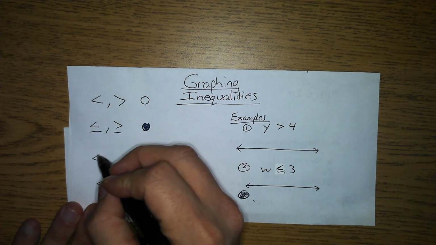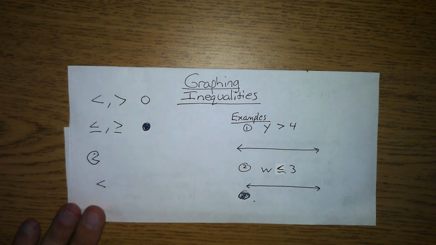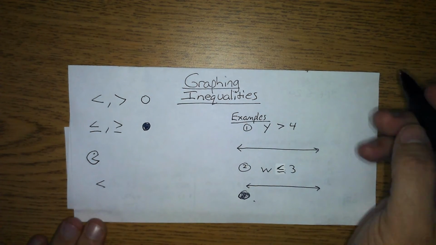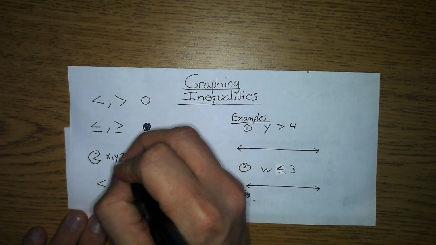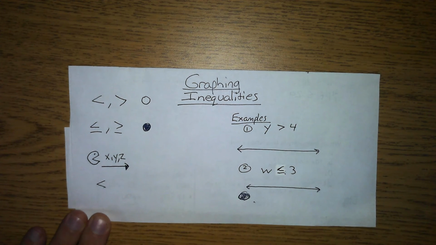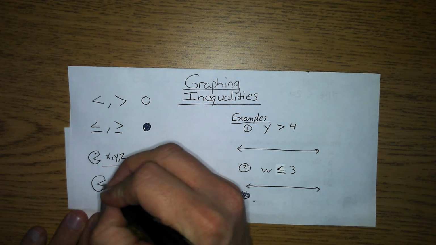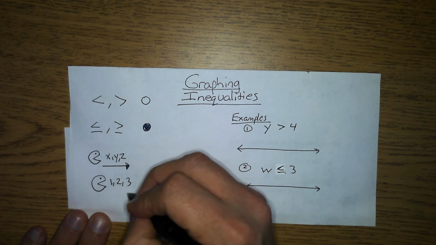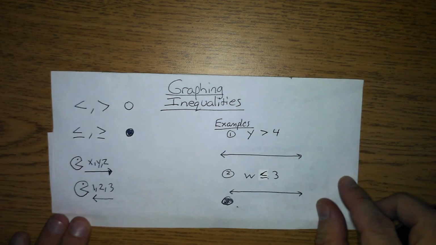If you make the inequality a Pac-Man symbol, some of you might know the Pac-Man game, if the Pac-Man's mouth is going for the variable, the arrow will always go to the right. If the Pac-Man's mouth is going for the constant or the number, the arrow's always going to go to the left. So 2 quick examples.